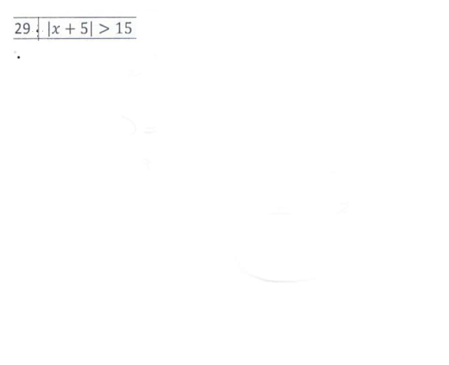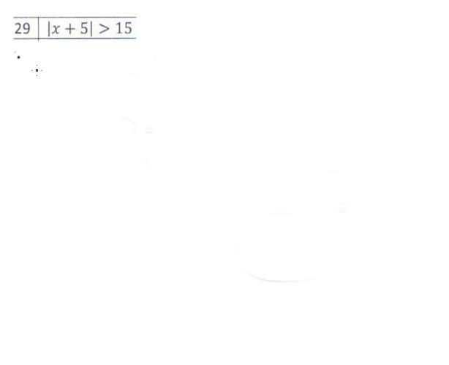Okay, in 29 we have an inequality with an absolute value greater than a number. All right, so the absolute value of x plus 5 is greater than 15. So this translates, the absolute value greater than a number translates into two inequalities.